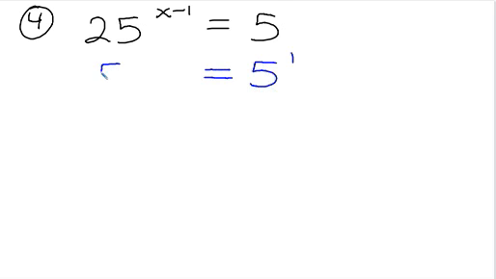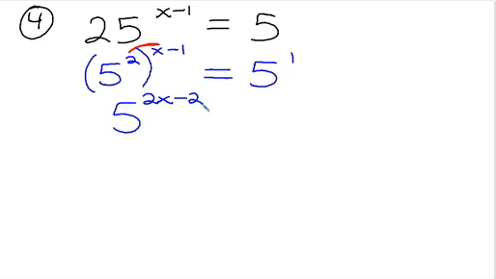But it's 5 squared all to the x minus 1 power, which means we need to use one of those rules of exponents that says when I have a power to a power, I multiply the exponents, but I have to do distributive property. So that will be 5 to the 2x minus 2 power, after I multiply those two, equals 5 to the first.